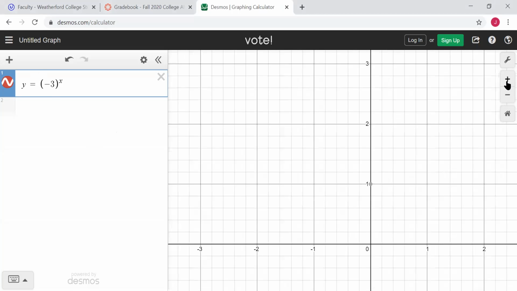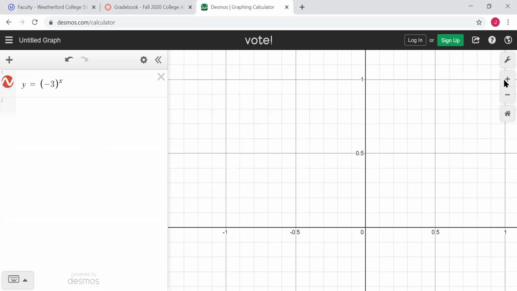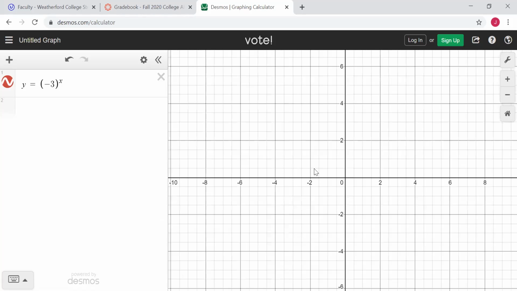Well, it's because negative bases lead to huge problems involving continuity, for the very simple reason that if you tried to take the square root of a negative number, like negative 3 to the 1/2 power, nothing's going to be there because that involves i. Graphs only allow real x values and real y values.